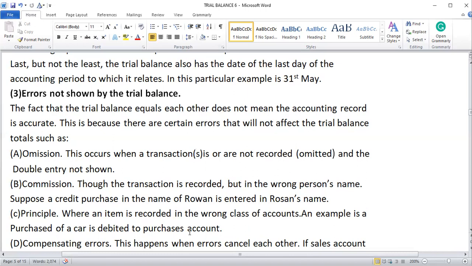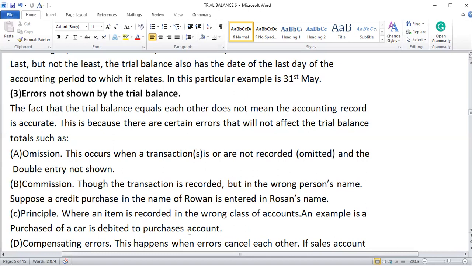There's a purchase of a car. The business deals in selling, let's say, shoes, but they bought an asset by cash. It is a purchase, but it's an asset that has been purchased. So it means that the cash account should be credited with the amount and the car account should be debited.